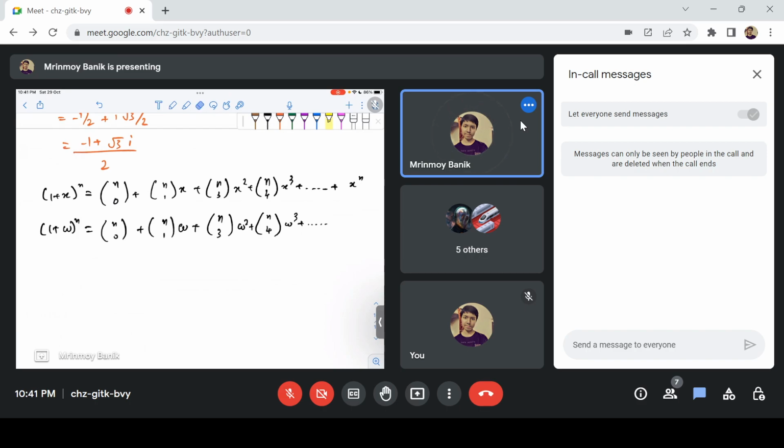Sorry, I missed the square term. That's why I was getting 4 here. This is 2, this is 3, right? Now we substitute omega squared. So nC0, nC1 omega squared, nC2 omega 4, nC3 omega 6, up till omega power 2n.